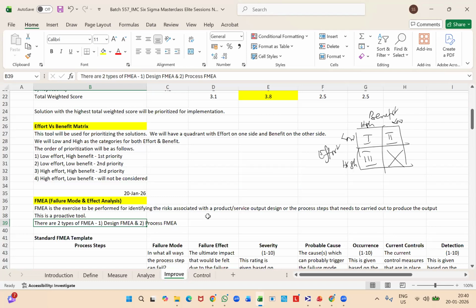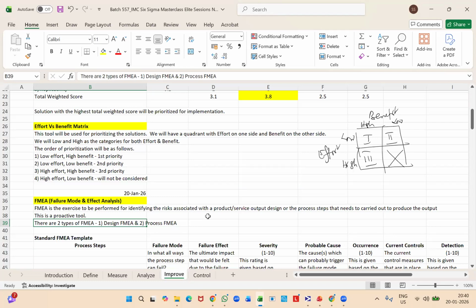The outer portion will be properly insulated so that when the laptop pin is inserted inside the laptop, the user will not be able to come in contact with that metallic pin. So this is a kind of design FMEA that would have been performed, right? Like this, we can think through various design FMEA aspects pertaining to a particular product, right?